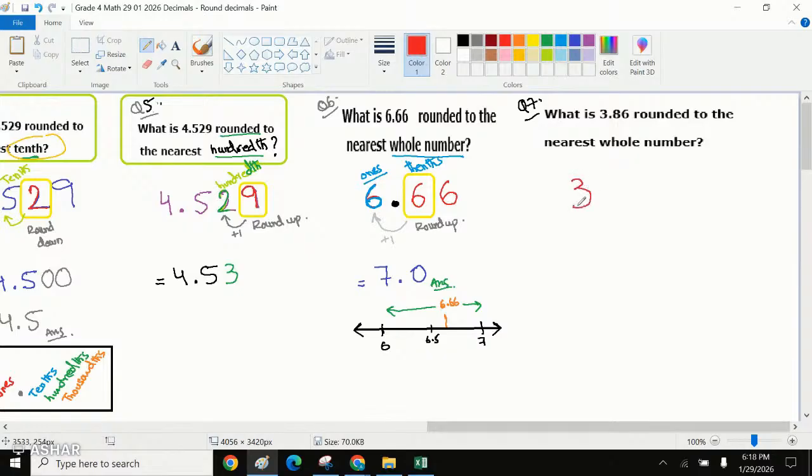For the next question, question number 7, if this was 3.86, we need to make it a whole number. We need to go till ones. If we need to go till ones, we look at the 10th position, right? We look at the 10th position.